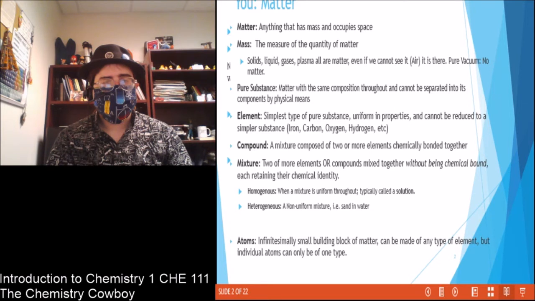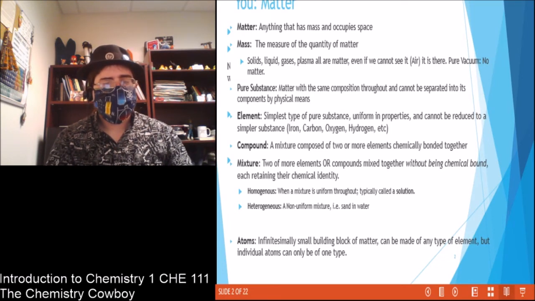We chop it up, we do whatever we want, it cannot change from iron. It's still iron. You take a piece of coal and break it into smaller bits, it's still carbon. Chemistry can convert it into something else, but we cannot change carbon from carbon. So an element is just one type of pure substance.